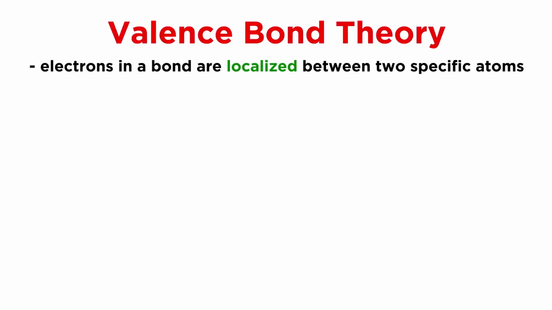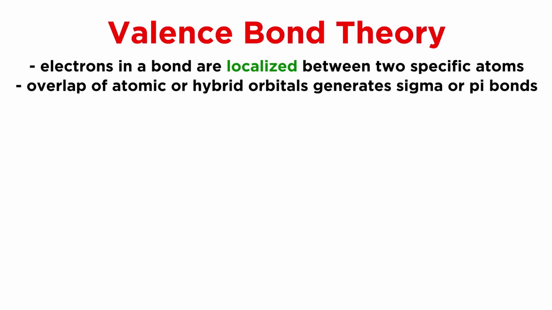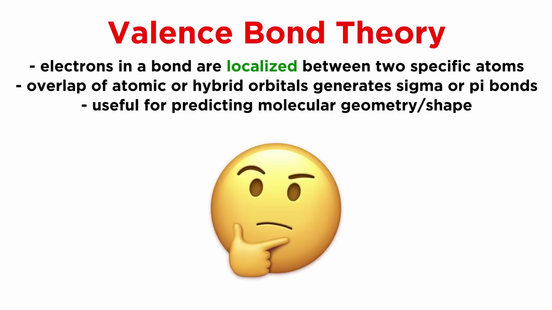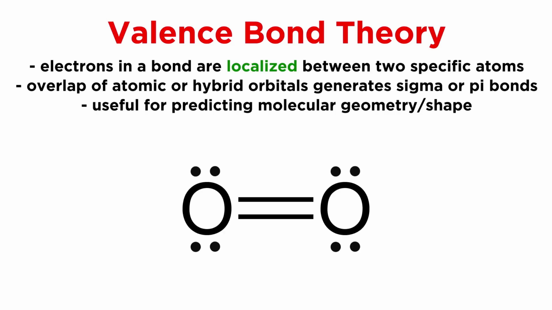Valence bond theory considers covalent bonds as being localized between a pair of atoms, resulting from the overlap of atomic orbitals or hybrid atomic orbitals. This overlap results in sigma or pi bonds, and we can use this theory to predict molecular shape. However, there are simple molecules that do not conform to this theory, like the diatomic oxygen molecule.